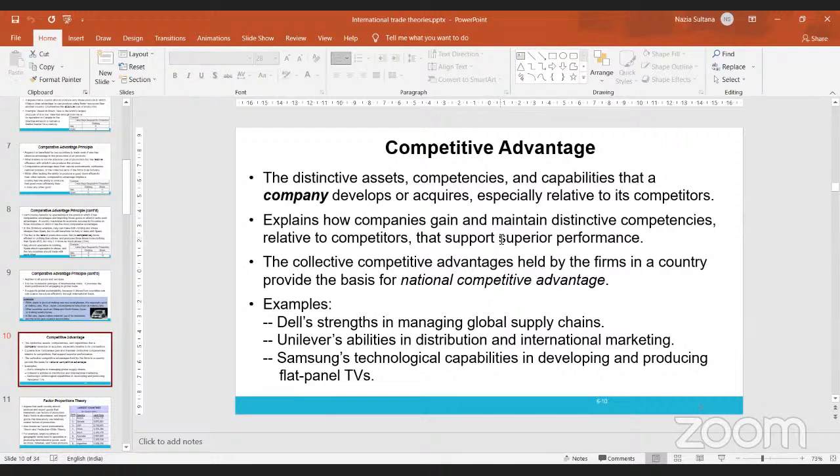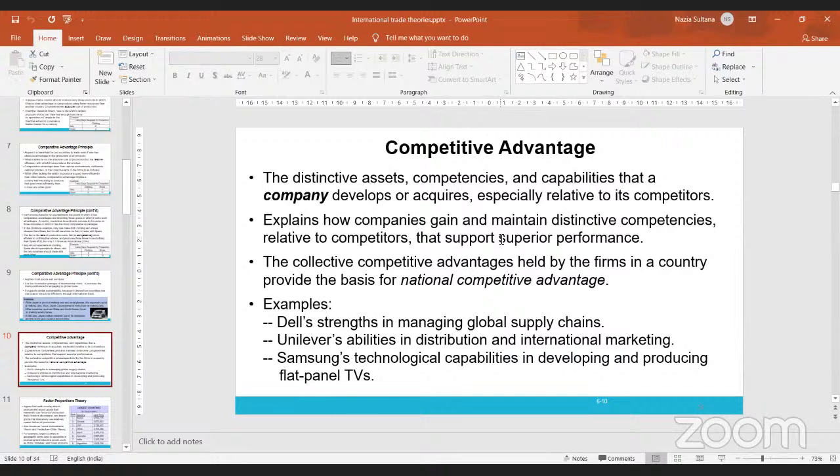When you have competitive advantage as a concept, you are talking about firms or companies in the world which have certain distinctive capabilities. Those capabilities may not be there with other firms, because they have those capabilities, assets, or efficiencies that will make the nation also competitively advantageous over other nations in the world.